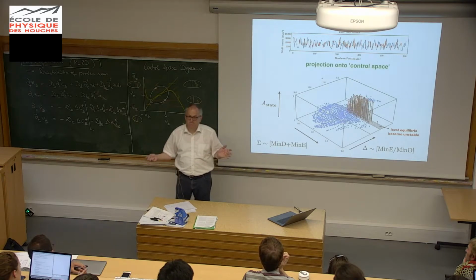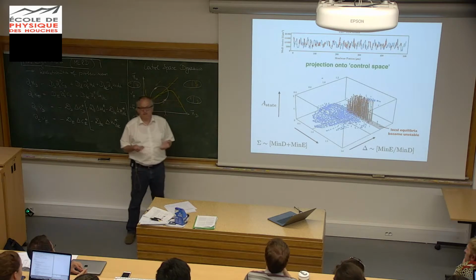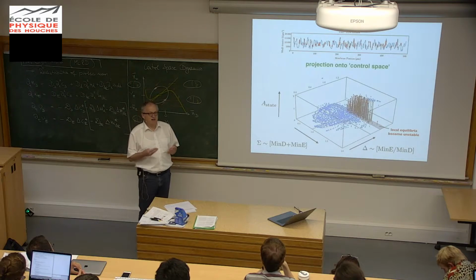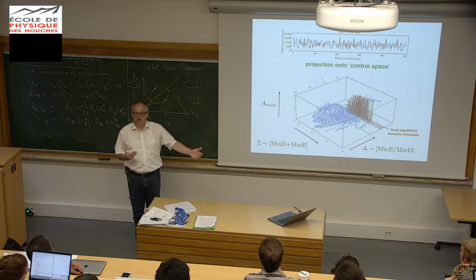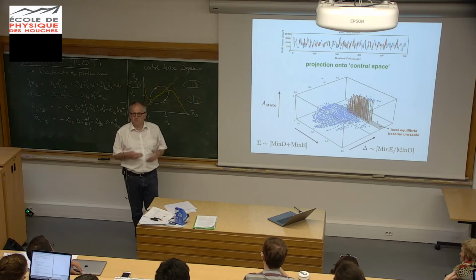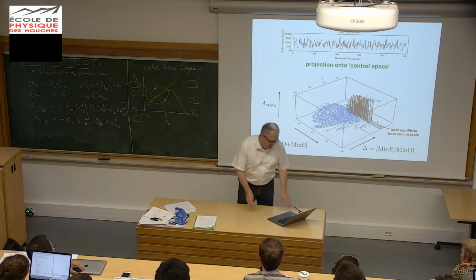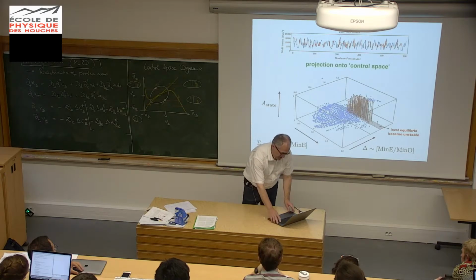And that's funny because that's not what you usually have. You usually have close to onset some nice pattern, and only if you drive the system hard enough do you get turbulent behavior. Here it's the opposite, and I'll leave you with that because I guess this takes me too far out of the scope of what I want to talk about.